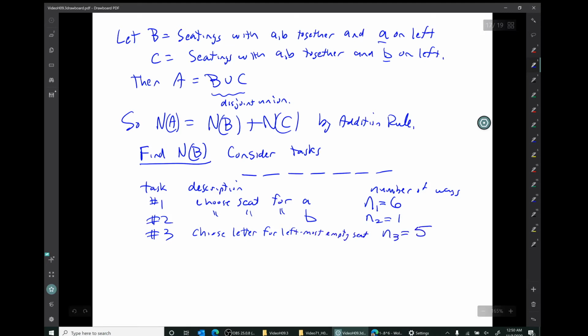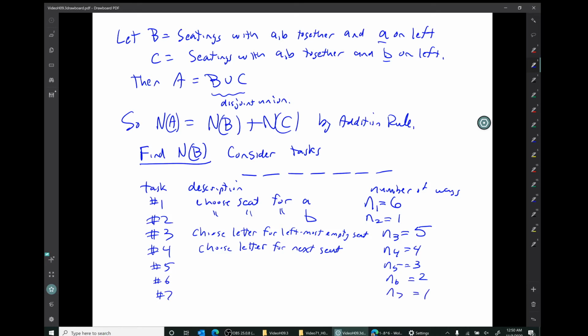There are 5 ways of filling that seat, because there are 5 letters left to go into seats. And then we're going to choose the letter for the next seat, and so on. So we see that the total number of ways is just 6 factorial.